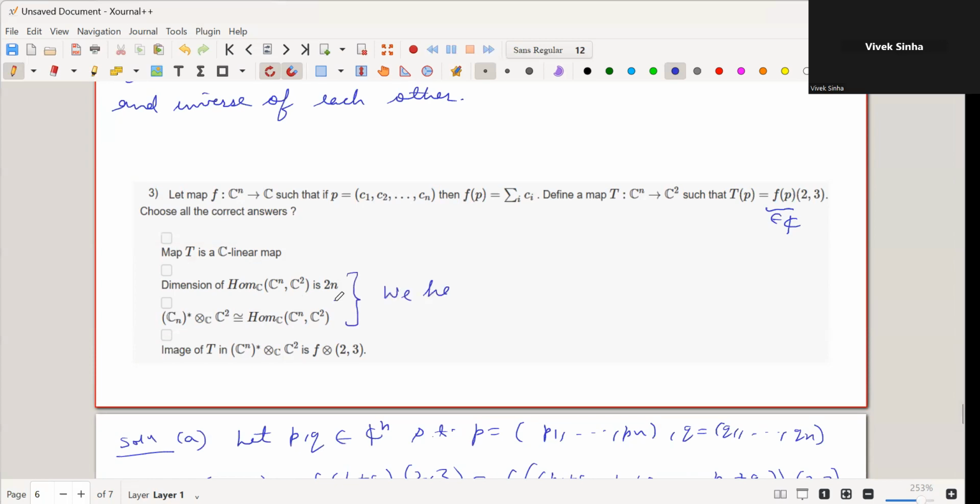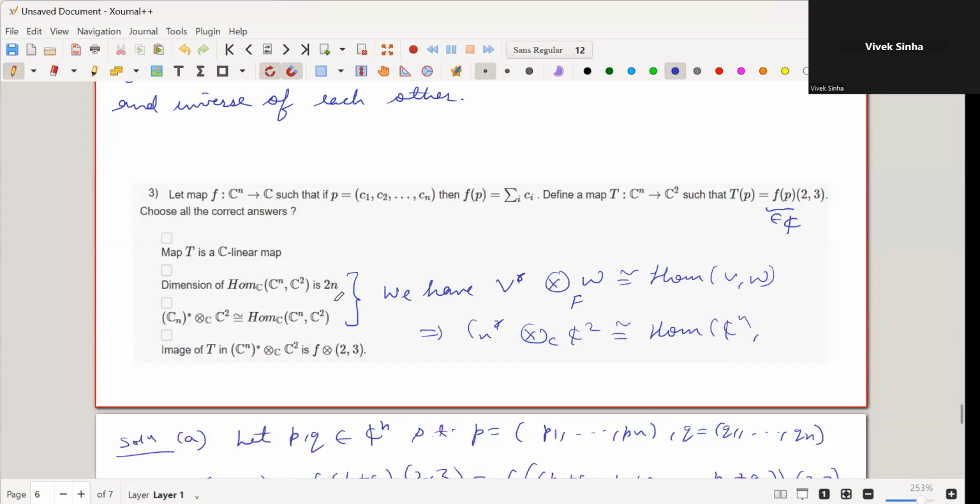We have V star tensor W, sorry, over any field is isomorphic to Hom(V, W), right? So this implies C^n star tensor over C C^2 is isomorphic to Hom(C^n, C^2).